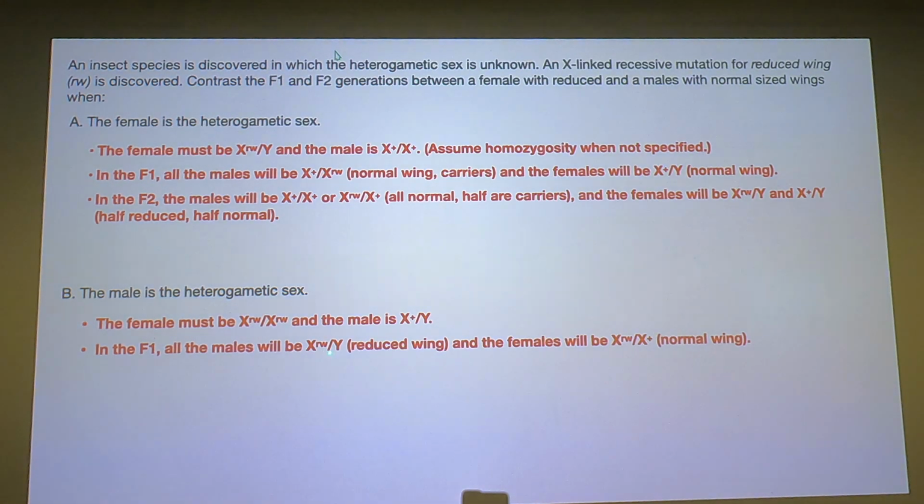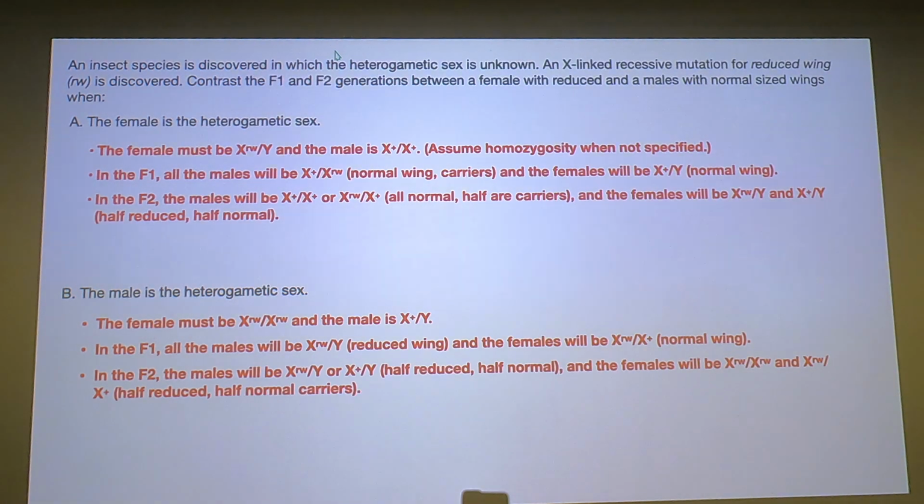So the females will all inherit this, and half of them will get this one, and the other half will get that one. So yes, we'll get a split. All right, what about the males? They're all going to inherit this Y. And half will have normal wings and half will have reduced. Exactly. Okay, it all worked.